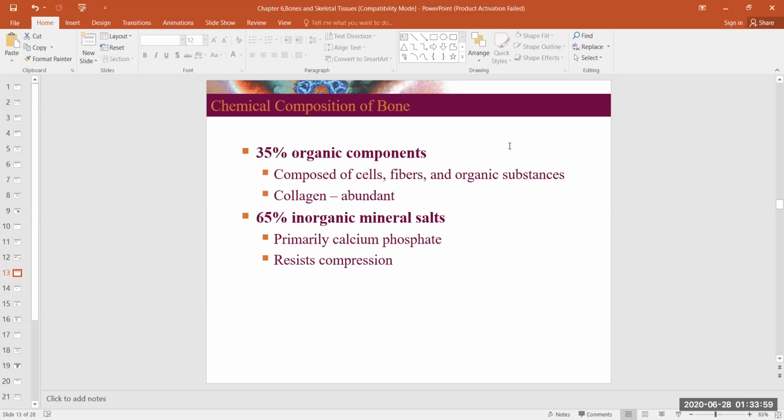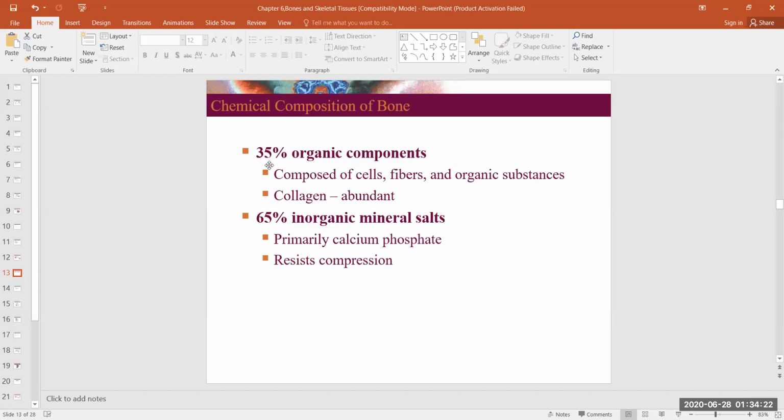Chemical composition of bone. So let's see, if I put a bone and grind it and find the composition, what are we going to find? Bone is a living tissue. Yes, bone is a living tissue. If it is fresh bone, it is a living tissue because it has blood vessels. So if it is a living tissue, then it will have a lot of organic and inorganic components.